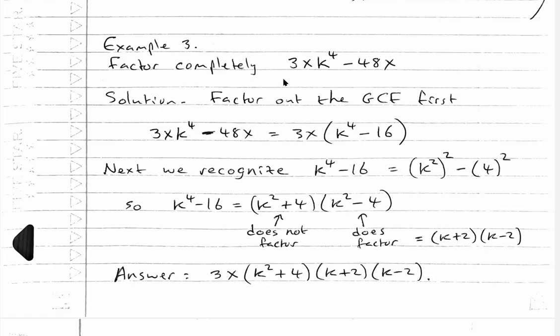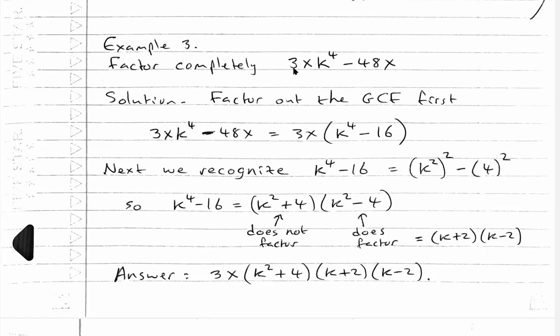Example 3. Okay, so right away we see it's 2 terms. 3x to the power 4 minus 48x. We want to factor this completely. As usual, look for the greatest common factor.